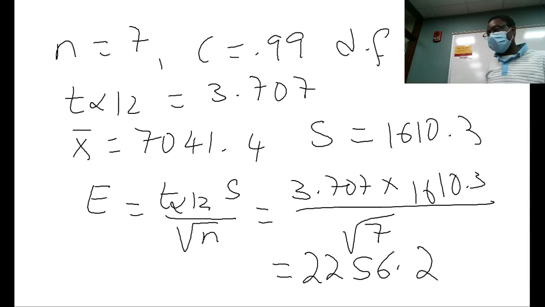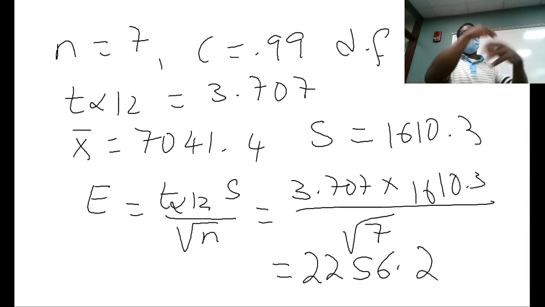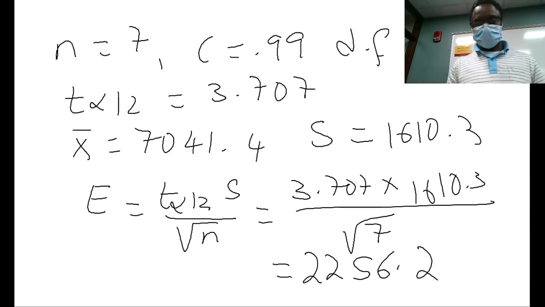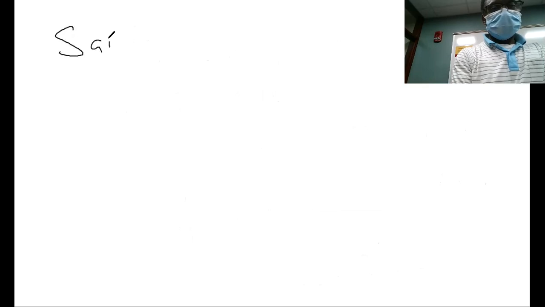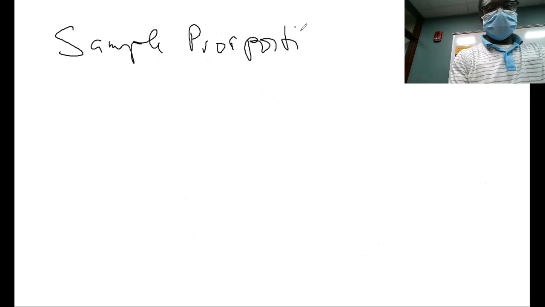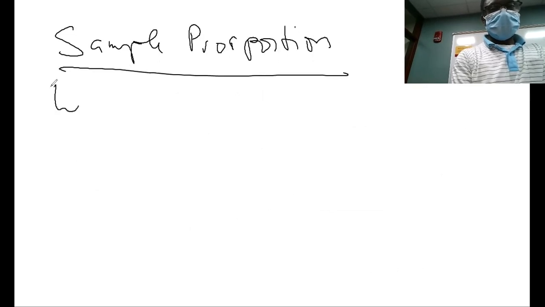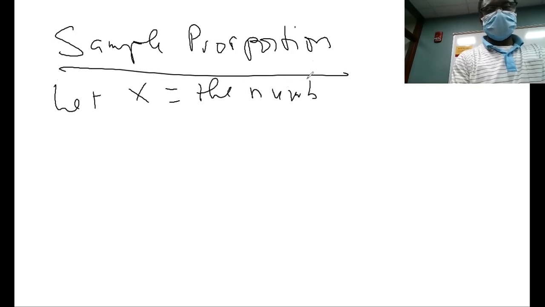So what we call the sample proportion is like, what is the proportion of female over male? You count the number of people and you count the number of females, then divide. That's what we call proportion. Let X be the number of successes.